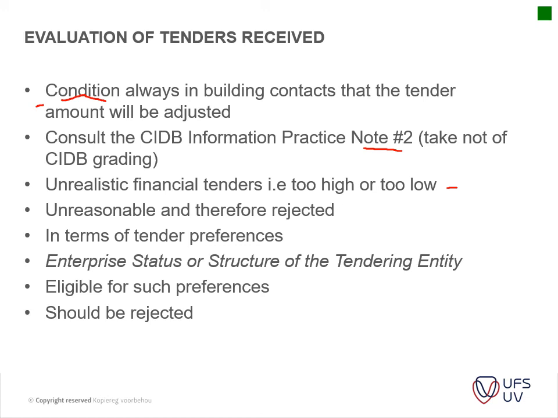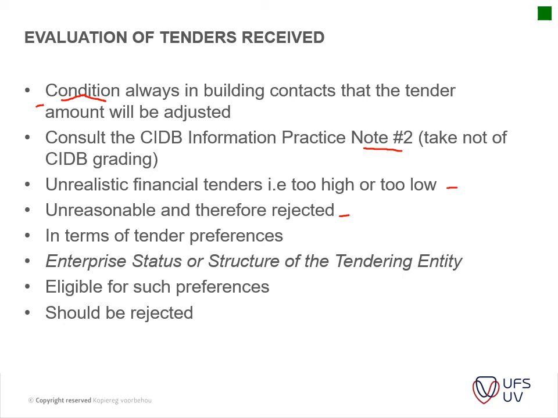You should ask the question: will the contractor be able to do the work? So you may reject someone if they made a big error like that, and it poses a high risk to your client. Unreasonable and therefore rejected.